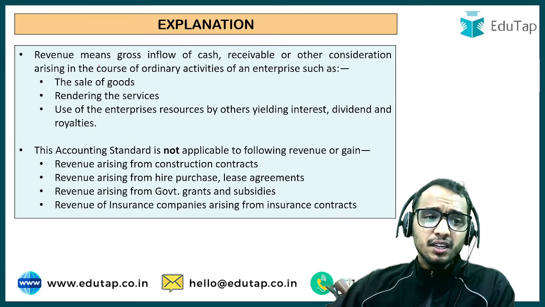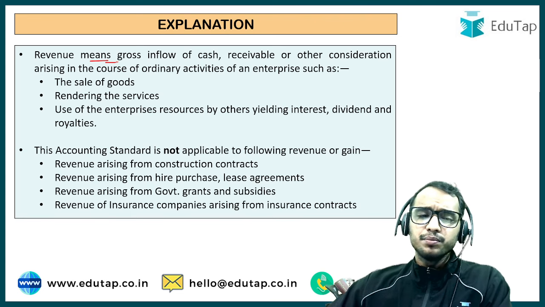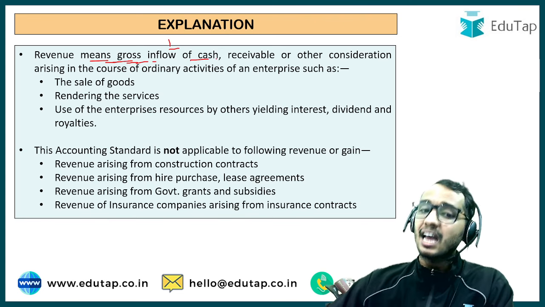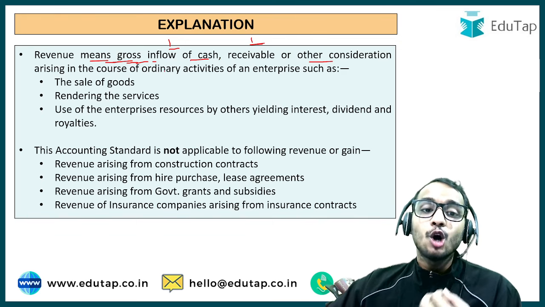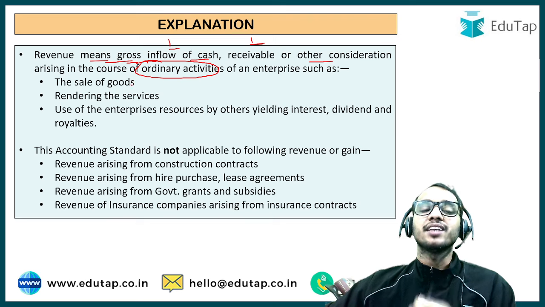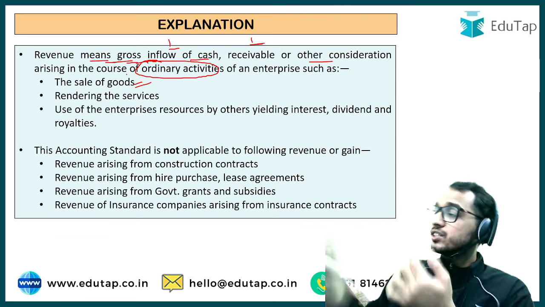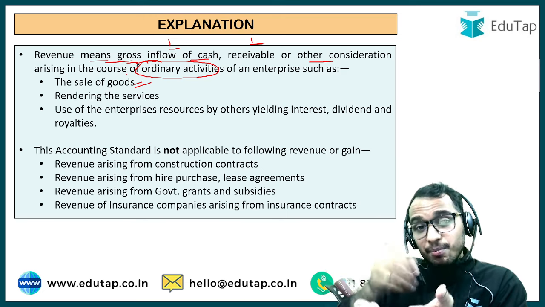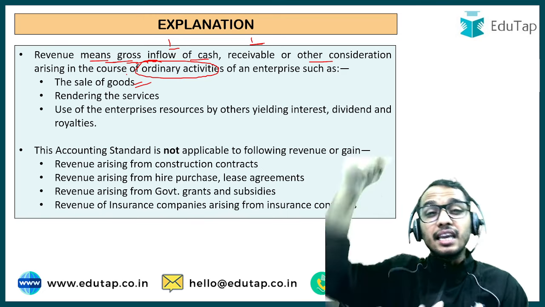So this AS9, that is revenue recognition, the accounting standard for revenue recognition, means gross inflow of cash receivable or other consideration arising in the ordinary course of business of an enterprise, such as the sale of goods. So whatever revenue you are generating from sale of goods, the timing of recognition of that revenue will be dealt under AS9.